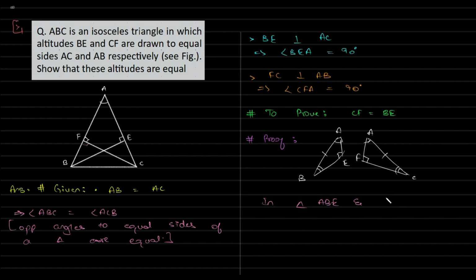Okay, in triangles ABE and AFC, we have AB equal to AC. This is given. Then we have angle A is common. Okay, we have a side and one angle. If we prove that the other two sets of angles are equal, then we are done.